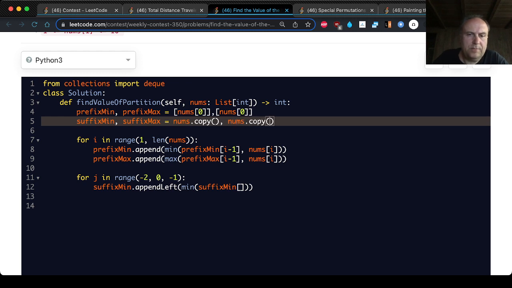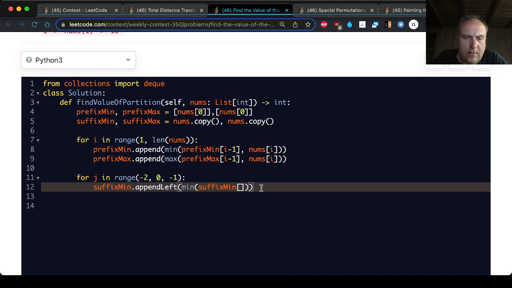Okay, shallow copy. Now we're going to do, so j equals suffix min with j plus 1. It's going to be min.